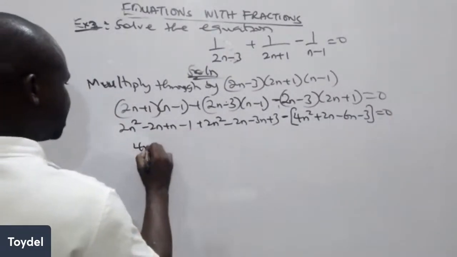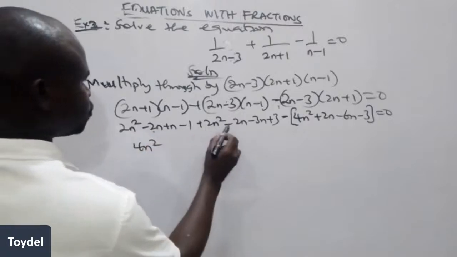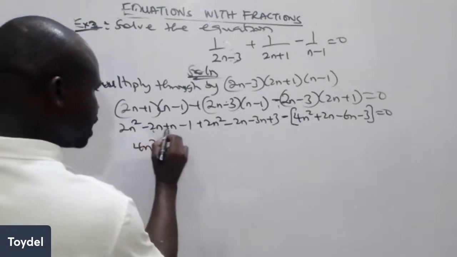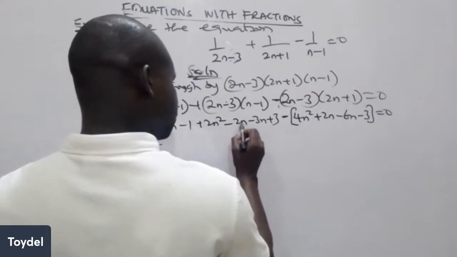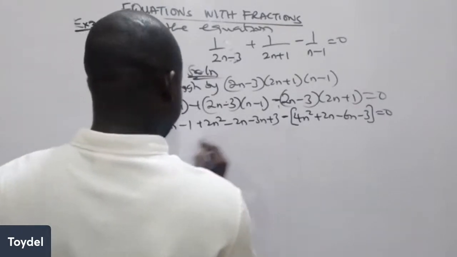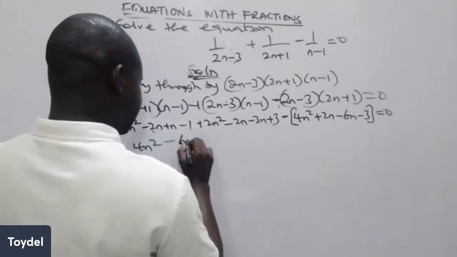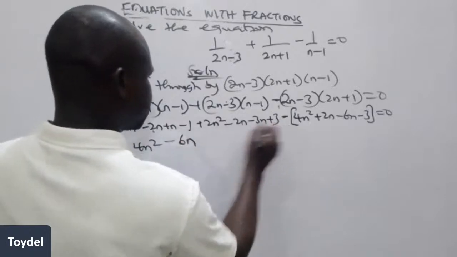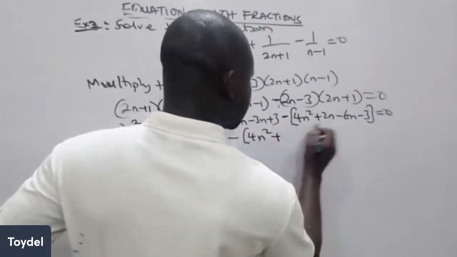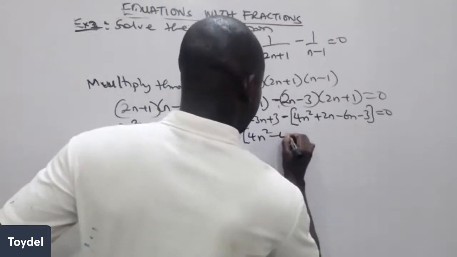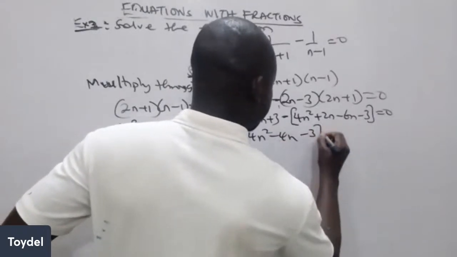So here, I can collect like terms. This will be 4n squared plus 2. Minus 2n plus n, that's minus n. Minus n minus 2n, that's minus 3n. This will be minus 6n. The minus 1 plus 3, that's plus 2. Minus into bracket 4n squared minus 4n minus 3 equal to 0.